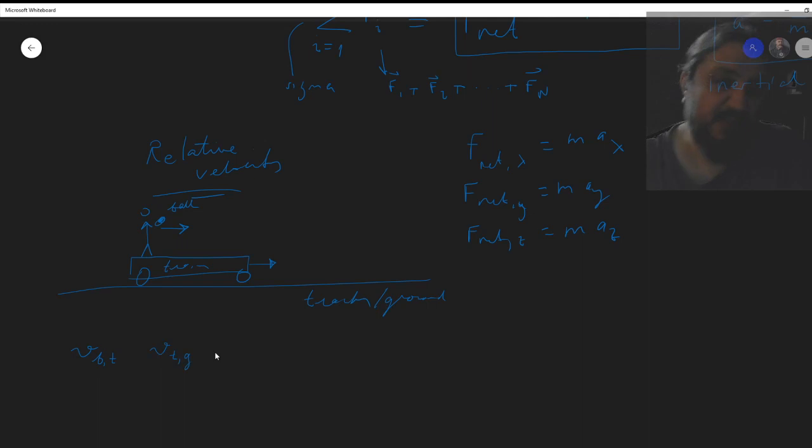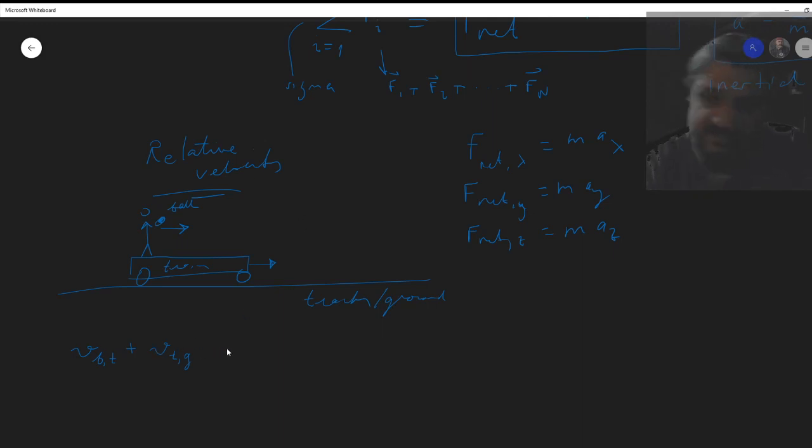So, if I add these two, what will happen? This is 15. If that's also 15, 15 plus 15, I will get 30 miles per hour. That makes sense, right? You can't throw the ball 30 miles per hour, you're not that strong, but the train will help you, so you will get that speed.